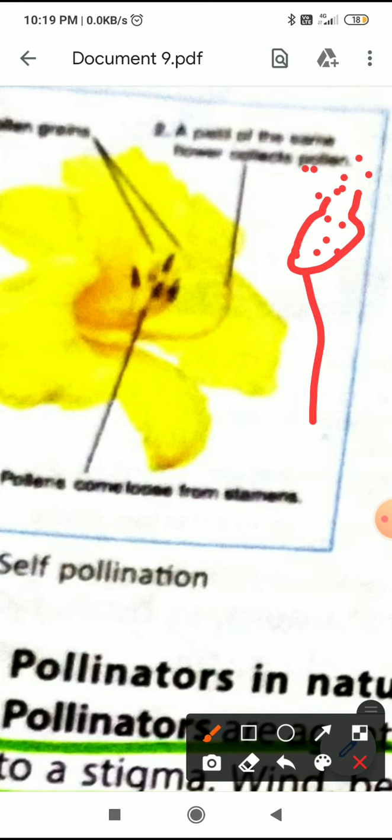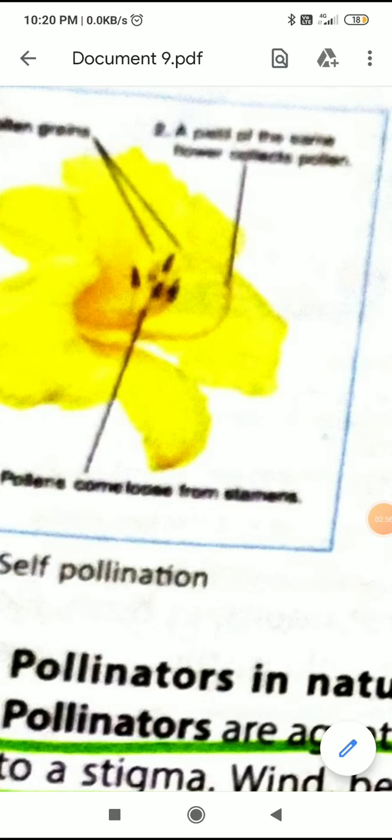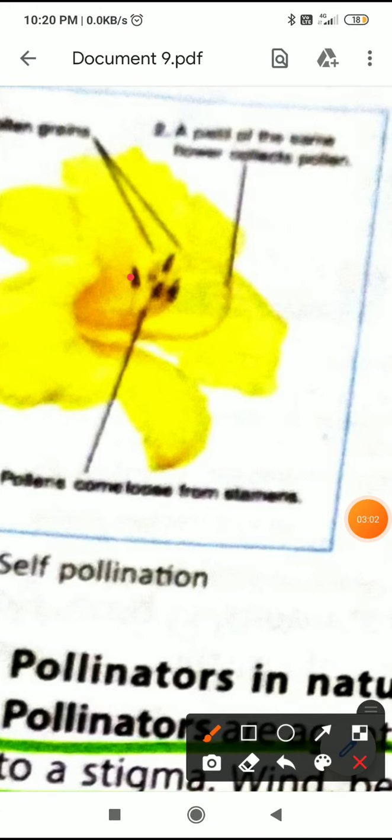So here in this flower you will find that this black structure that is given to you is the anther, and between the anthers is the pistil. So here it is showing pollination.